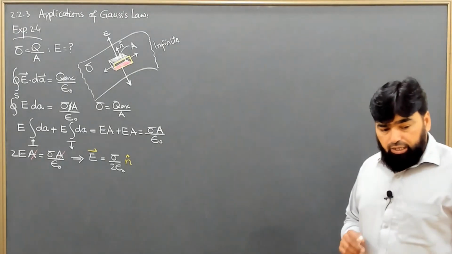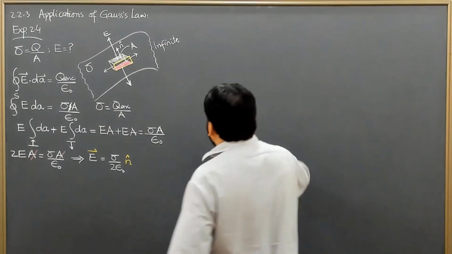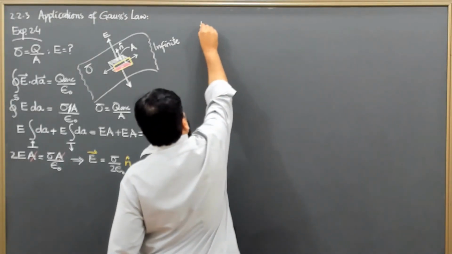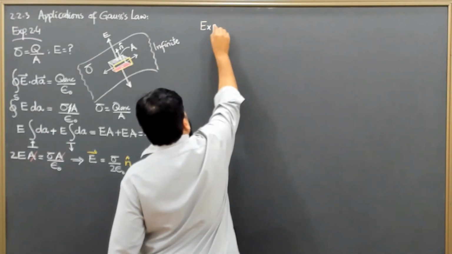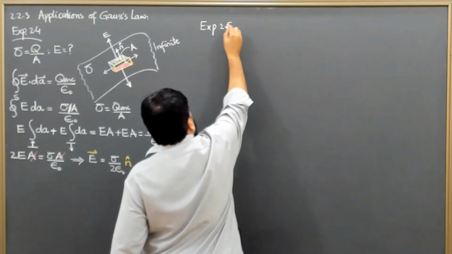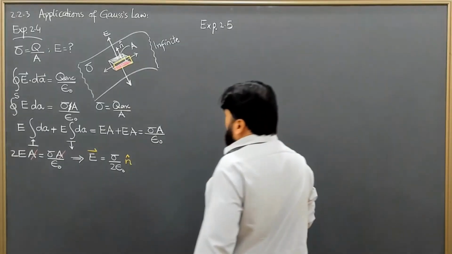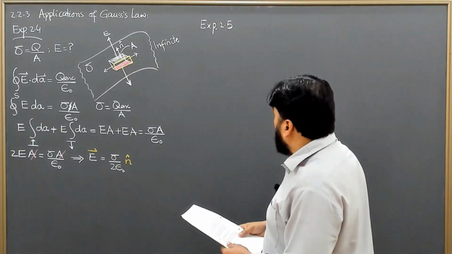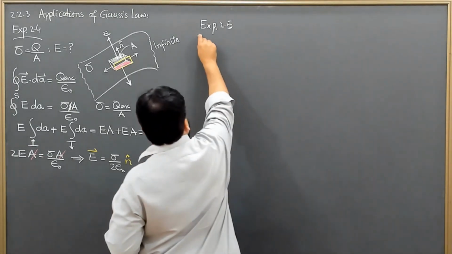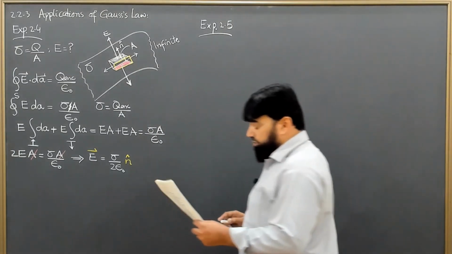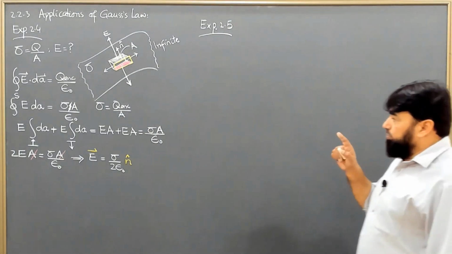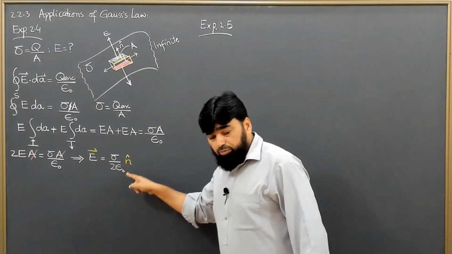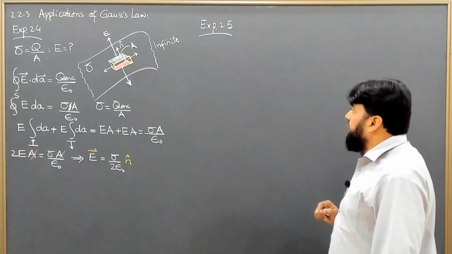While in example 2.5, we are almost having the same geometry, but with two sheets of charges, and now they are two parallel sheets of charges here in example 2.5. So we will actually incorporate the same result here as well.